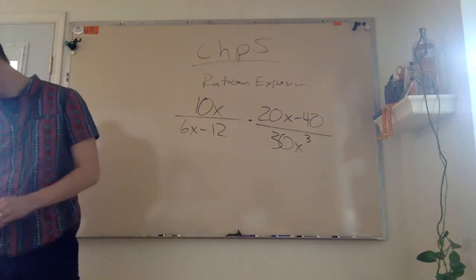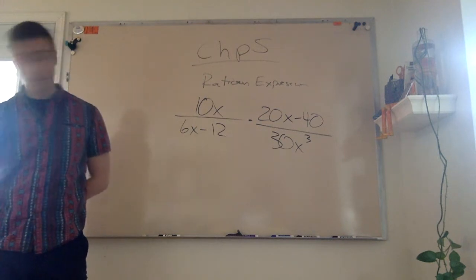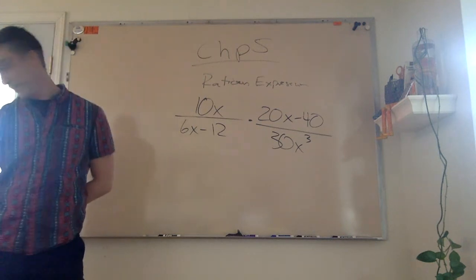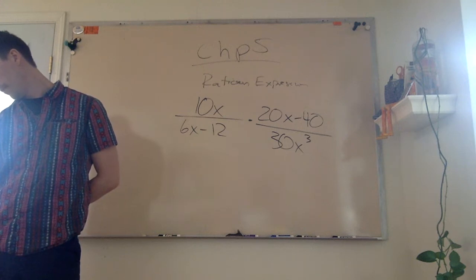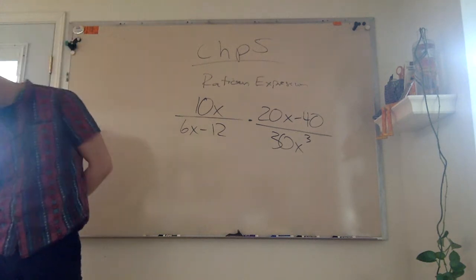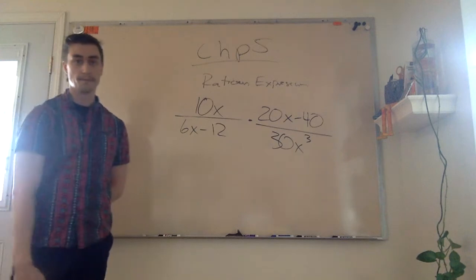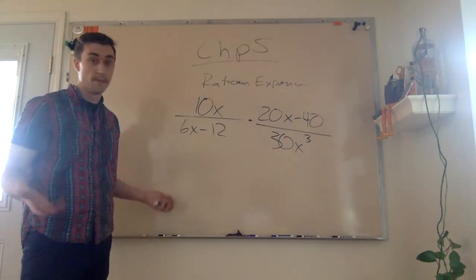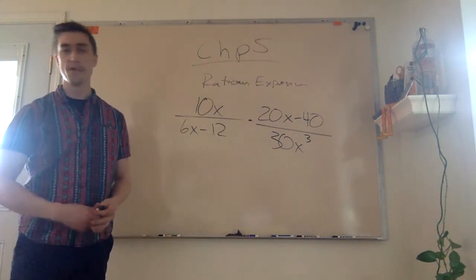There you go. Let me make sure I wrote that down right. 10x divided by 6x minus 12, multiplied by 20x minus 40, divided by 30x^3. Good. Yeah, so give this a go. Simplify. I mean, multiply and simplify. That's what it says here. Multiply and simplify.